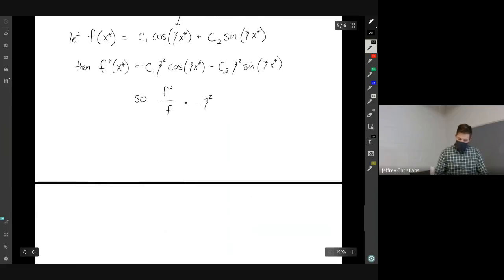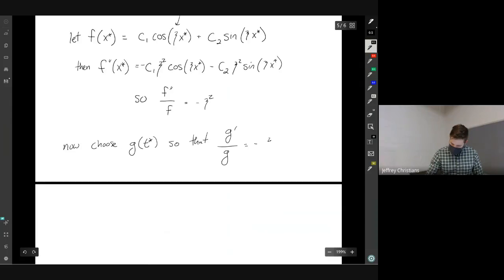So now we need to pick a function g of t star so that g prime over g equals negative c squared. So that this is also equal to a constant, and it just so happens it's equal to the same constant. That would be our solution.